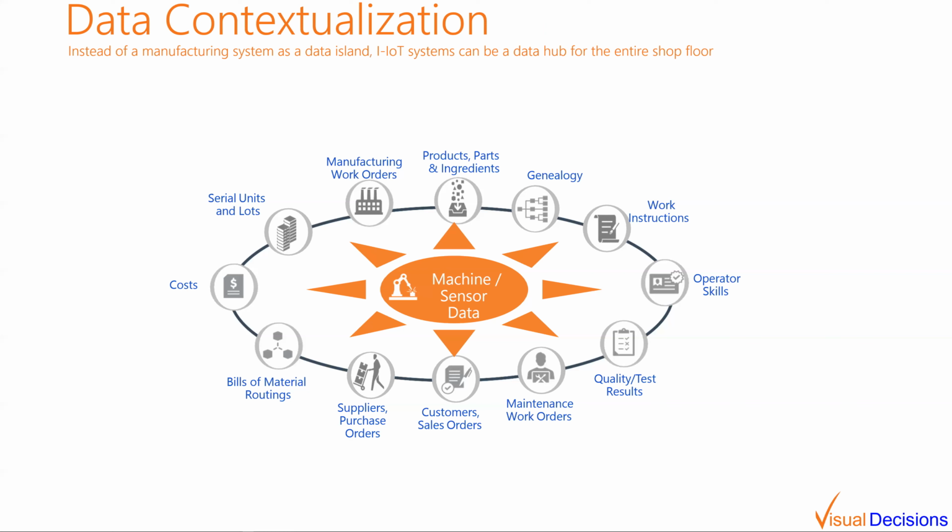So all of those different pieces from the shop floor itself, as well as looking at the bill of materials that's associated with that, any maintenance work orders that are out there, and the information associated with that, being able to track the genealogy and what supplier these materials came from and which lot, so that I know the exact cost that I paid for that and so forth.